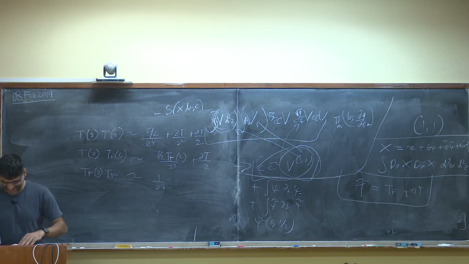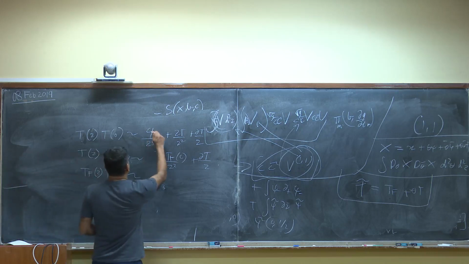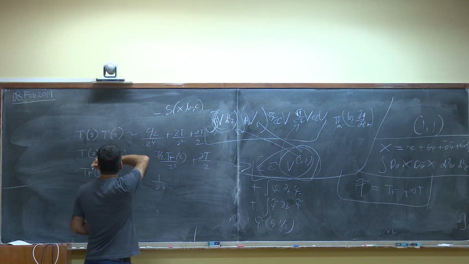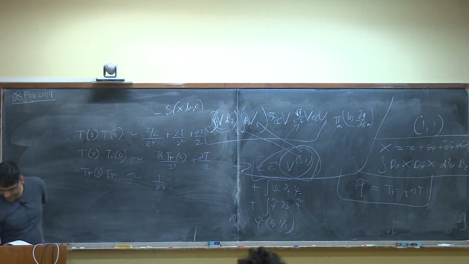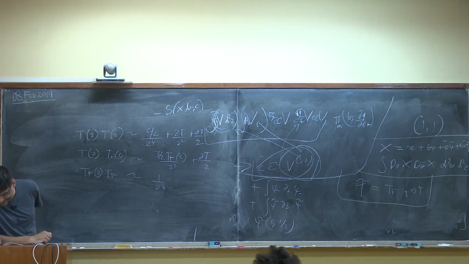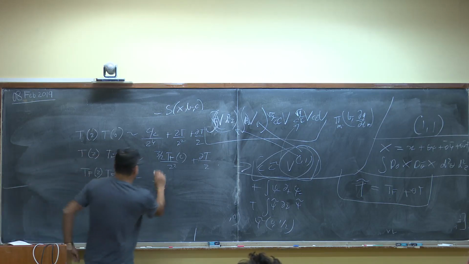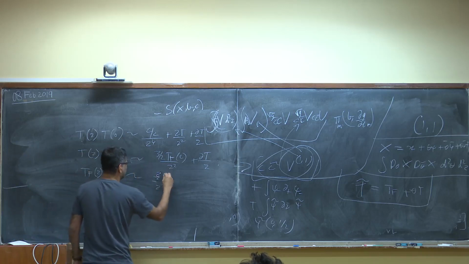Exactly. Now we have to be a bit careful here. When c hat is equal to 3 by 2, we get d by z cubed. So that's 2 by 3 c.